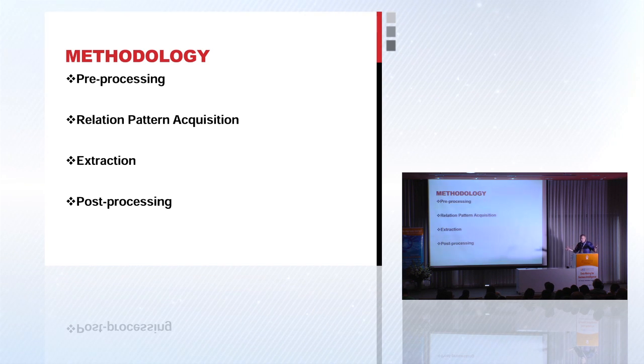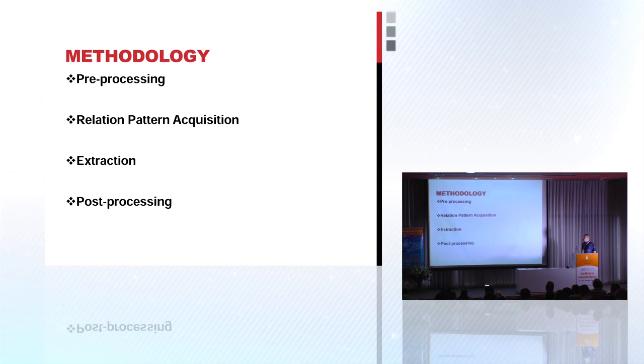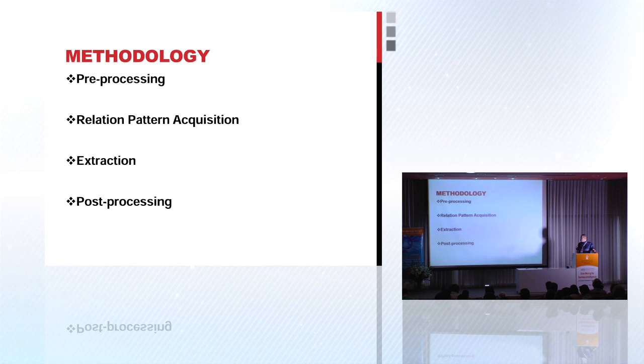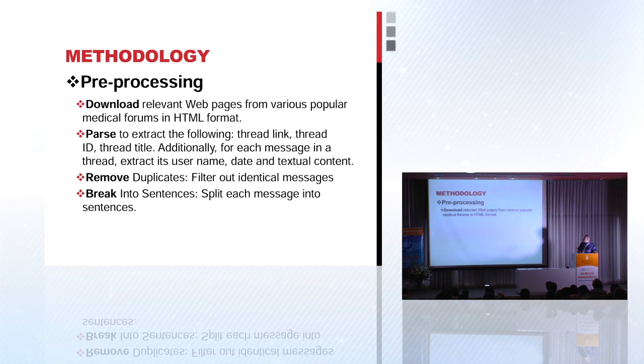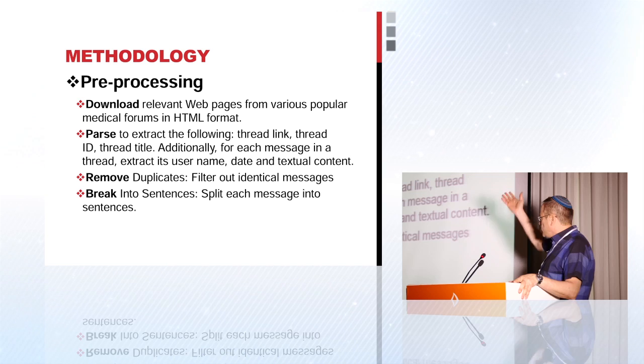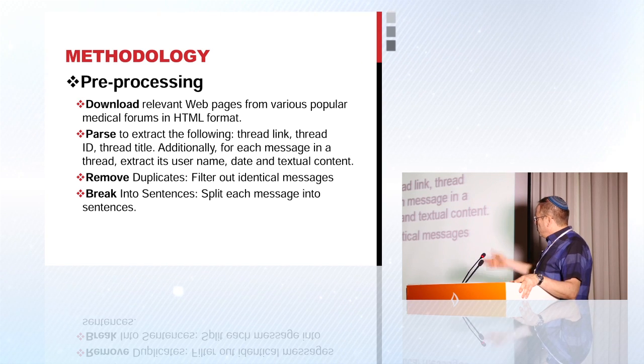So we do sampling. We take, let's say, 1% of the messages. We perform the learning on that. And then we perform the extraction using the rules on the rest of the messages. And finally, we have post-processing that I'll show you. In the pre-processing, it's a lot of cleaning, removing duplications, parsing, etc.